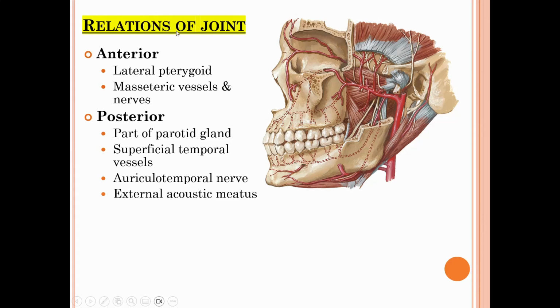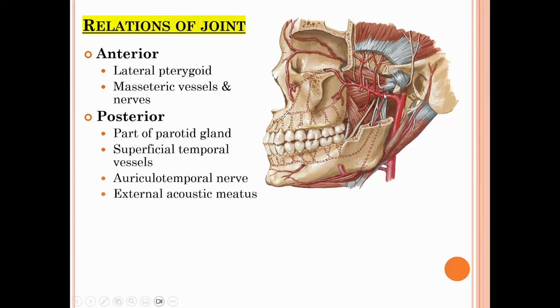Now what are the relations of the structures nearby the temporomandibular joint? Anteriorly there is the lateral pterygoid muscle, and here there will be masseteric vessels and nerves. Remember, the masseteric artery is branched from the second part of the maxillary artery, where all are muscular branches.